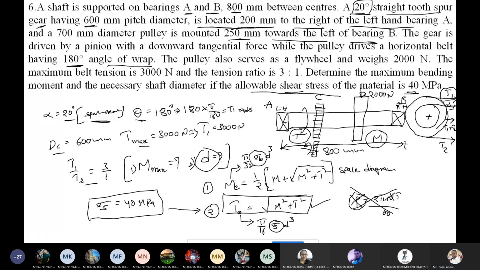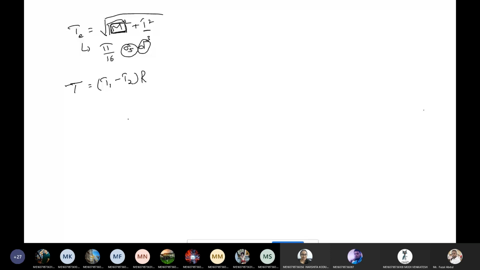T1 and T2 act on the D pulley, because D is the pulley driven with the help of a belt system. The belt system automatically has a tight side and a slack side. So these T1 and T2 act on D, and for that reason I write R D here.